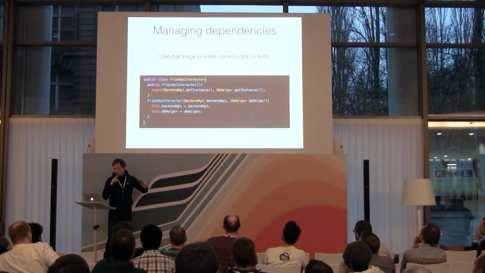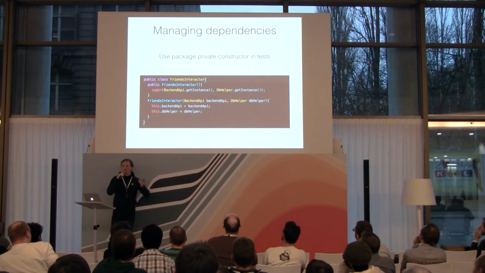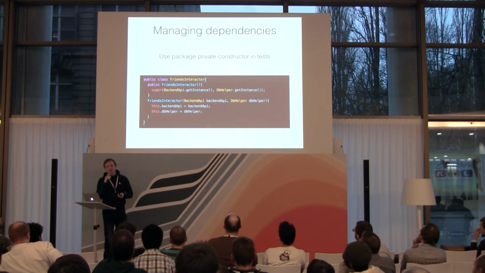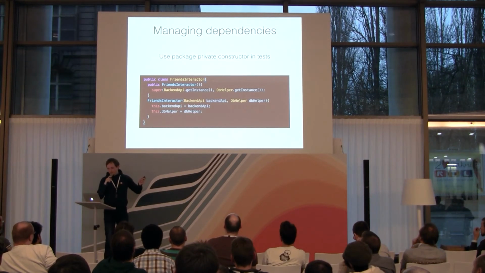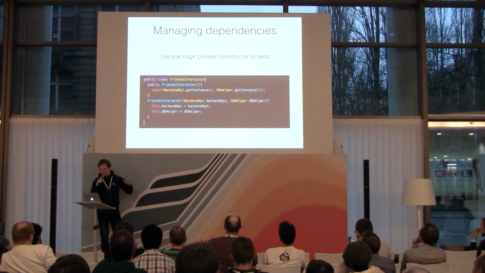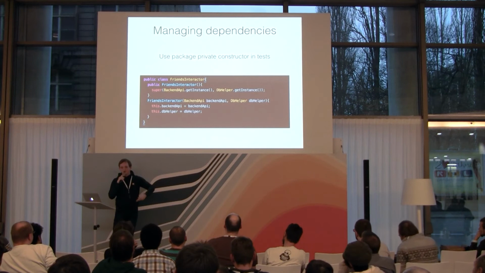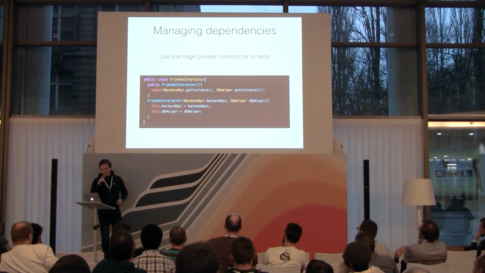So instead, actually, because people say, okay, then I have to change the interface on my class to accept these dependencies in the constructor, and I do this only for tests. And this seems like an overhead, right? But you can actually use that if you follow this pattern that your tests live within the same package as your production classes. Then you can use a package private constructor.